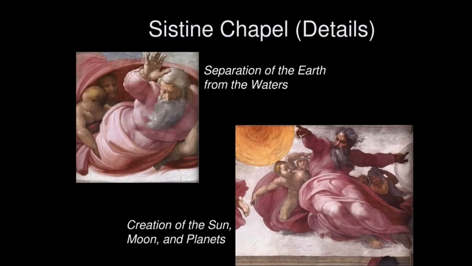Here is a fragment of the composition, the separation of the earth from the waters, the topic of the creation of the world by the Lord Father, the creation of the sun, moon, and planets. Actually I'm not quite right when I say by the Lord Father, because it's about the Trinity. God is always from the beginning of the world.